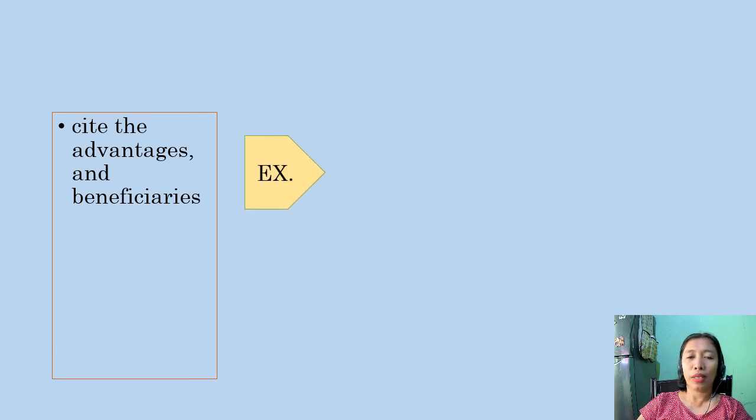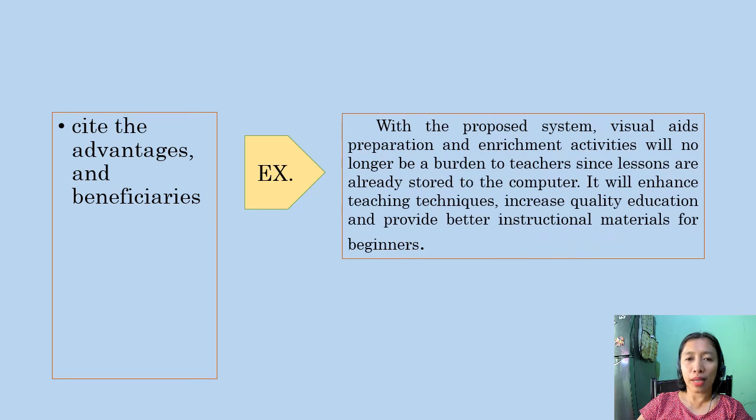So, next. Cite now the advantages and the beneficiaries of your study. For example, with the proposed system, the visual aids preparation and enrichment activities will no longer be a burden.